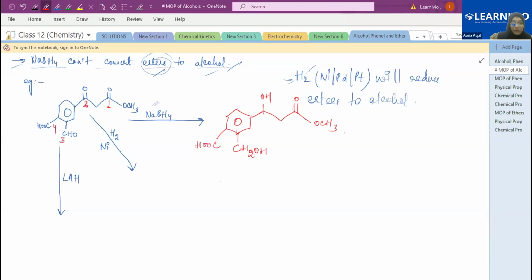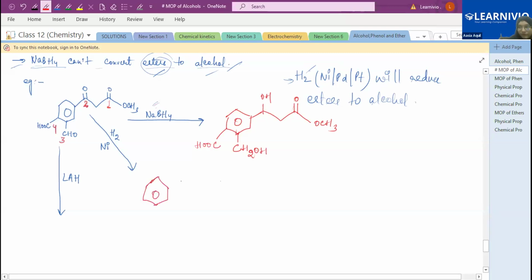Now tell me, when you do the catalytic hydrogenation, what will be the product? On catalytic hydrogenation, which group will be reduced? The first one, second and third. So H2 and nickel will reduce the first, second, and third group.